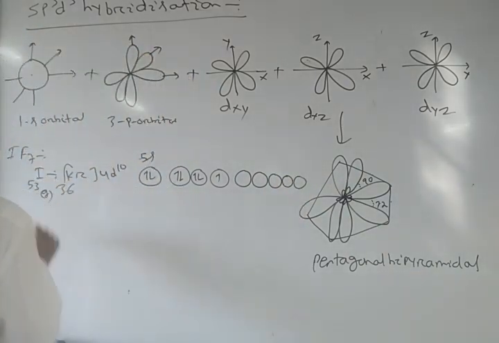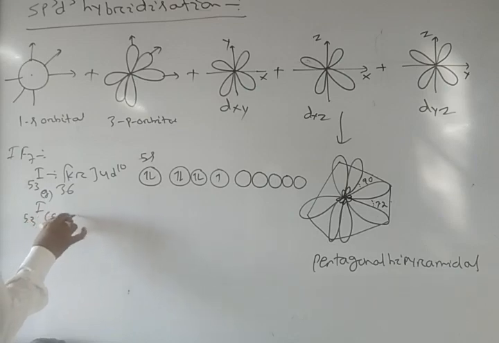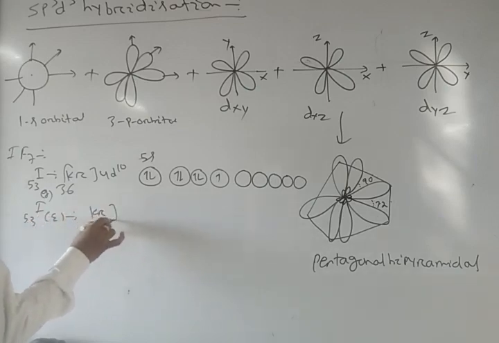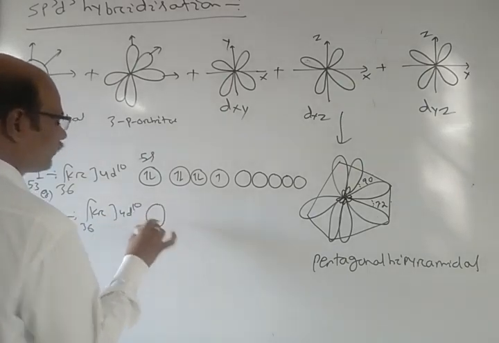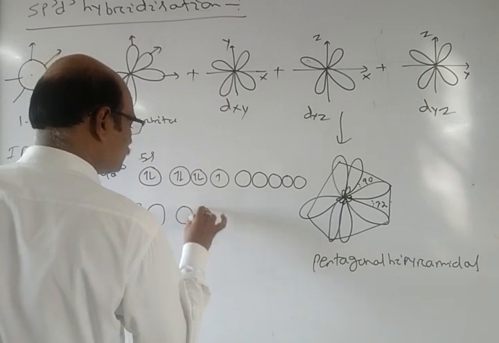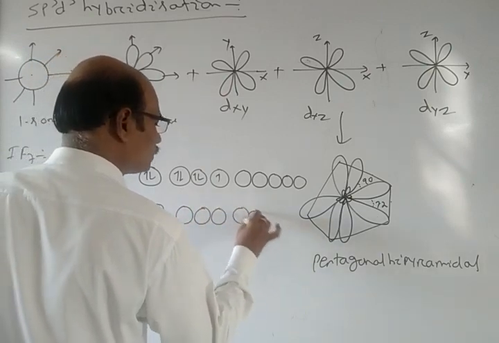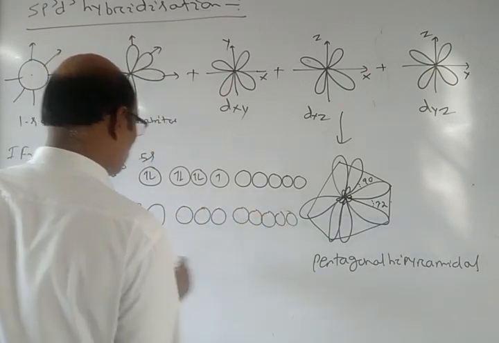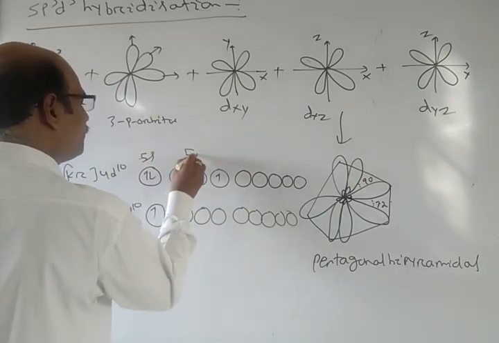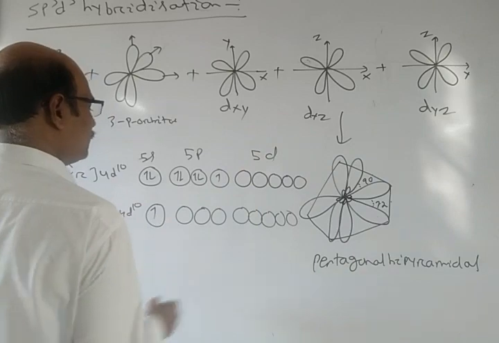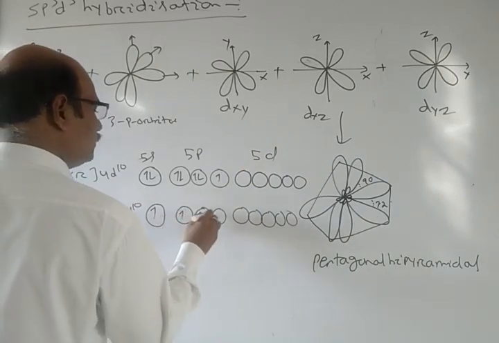Now iodine 53 excited: krypton 36, 4d10, 5s2, 5p, 5d.